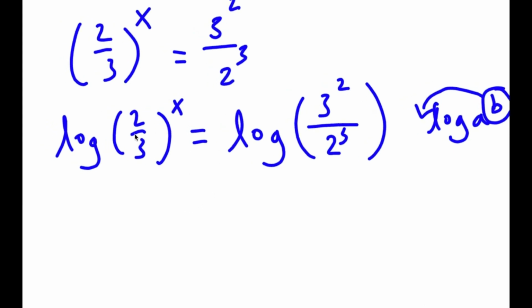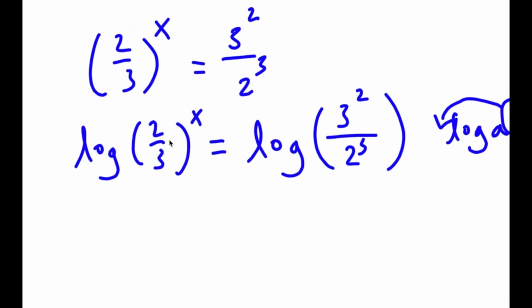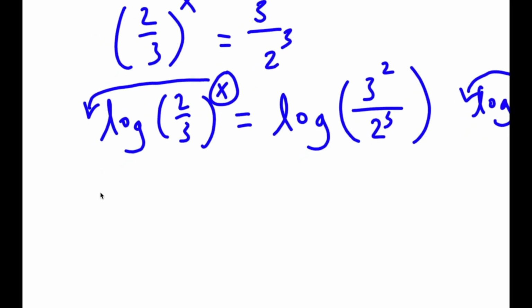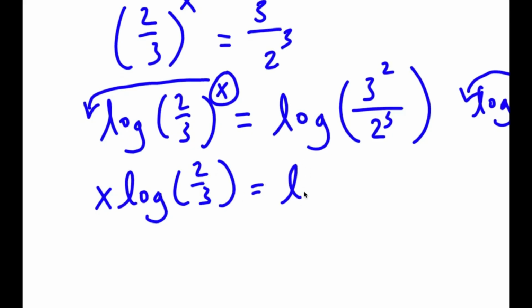So for log of 2 over 3 to the power of x, I'm going to use this property and move my exponent here, x, to the front of the logarithm. So now I'm going to have x times log of 2 over 3 is equal to log of 3 squared over 2 to the power of 3.